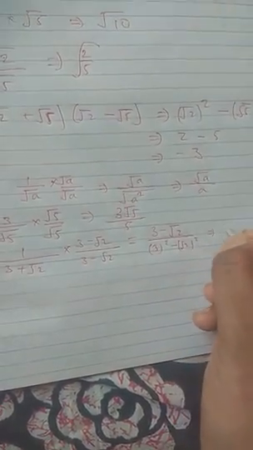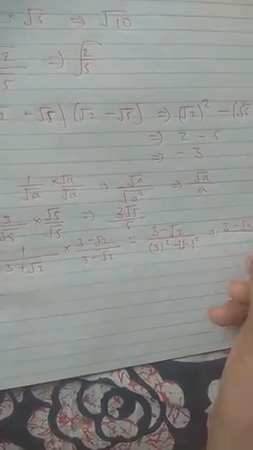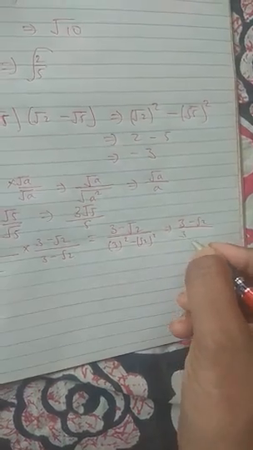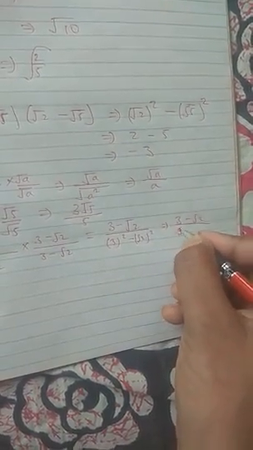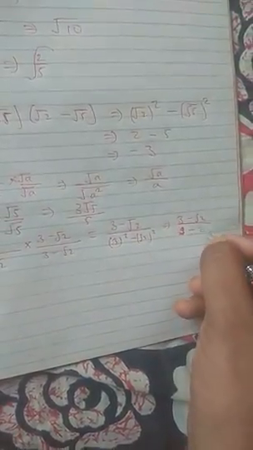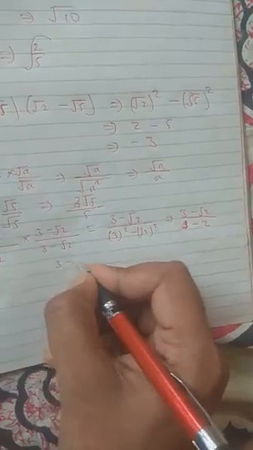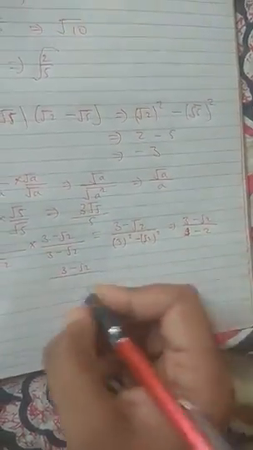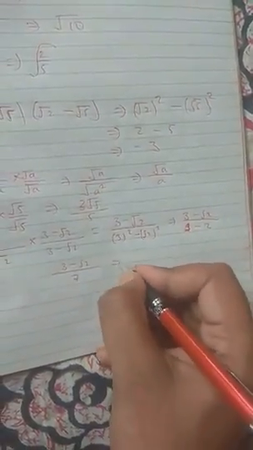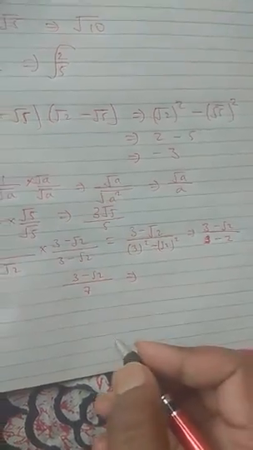So you will have 3 minus root 2 in the numerator, and in the denominator 3 square means 9, and root 2 square means 2. Now the denominator will be 9 minus 2, that will result to 7. So this is the required result.